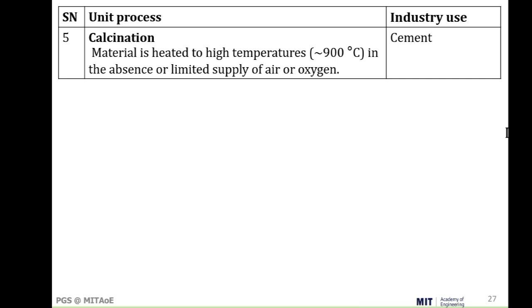The process is typically carried out in the absence of oxygen. If oxygen is in excess, it will be an oxidation process and the material will be converted to carbon dioxide. So calcination typically has an absence or limited supply of oxygen.